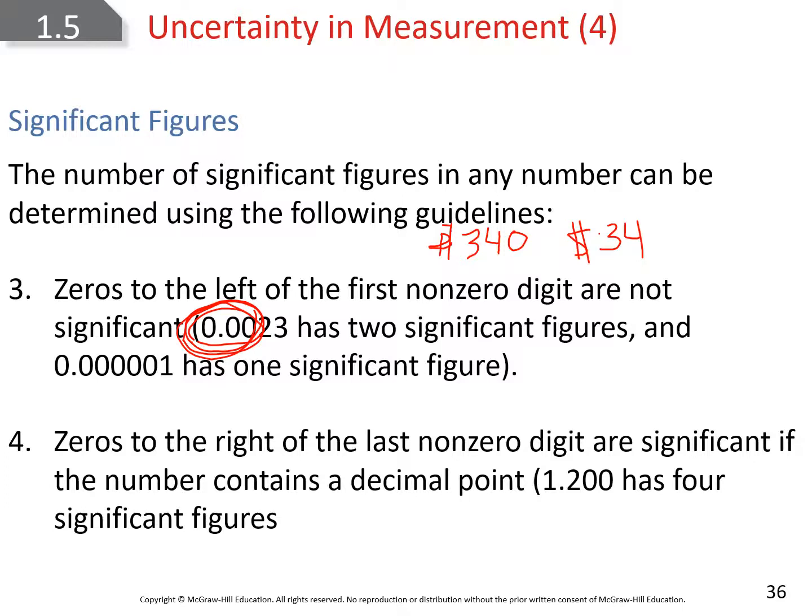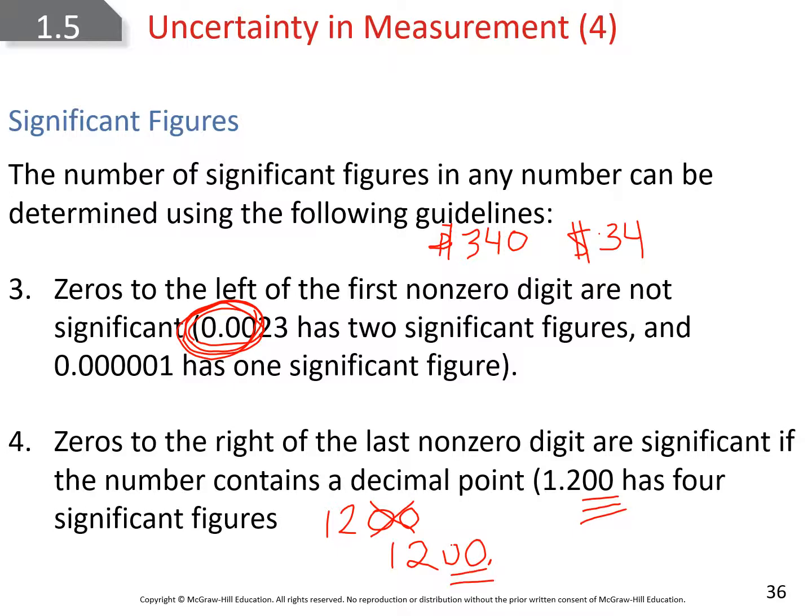So these zeros here are significant. They are trailing zeros. Trailing zeros are significant if there's a decimal. If there's no decimal, then these are no longer significant. If I had 1, 2, 0, 0 with a decimal, they now become significant.